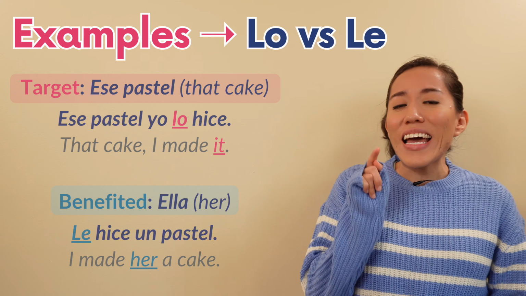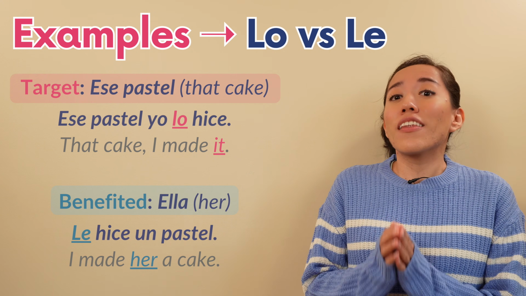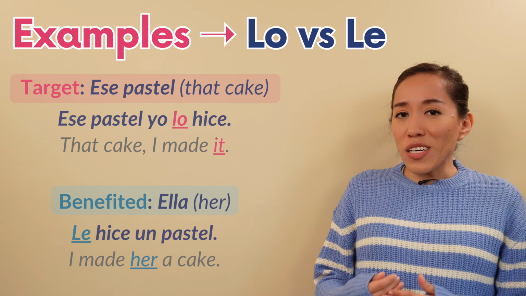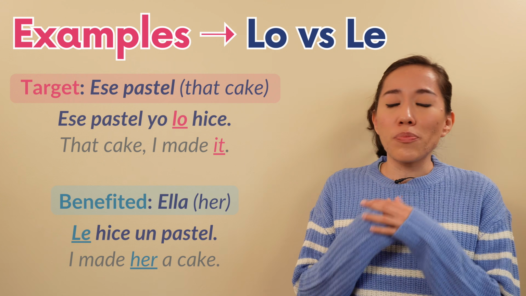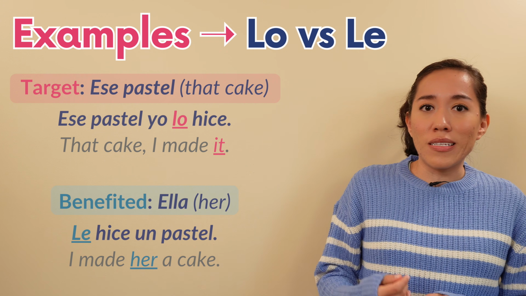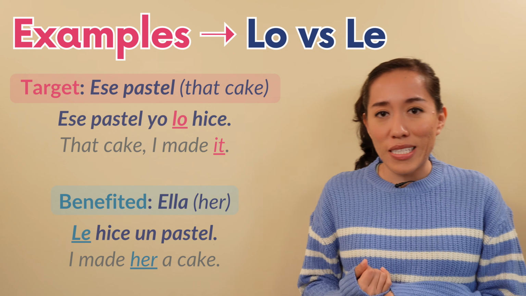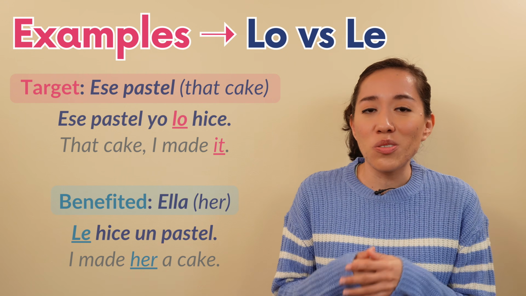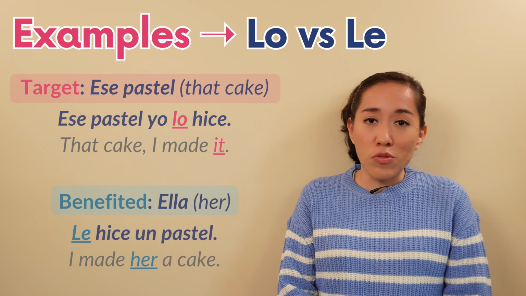So if I say ese pastel yo lo hice, that lo is referring to pastel, to the target of the action of me preparing something with my beautiful hands. If I change the pronoun and I say le hice un pastel, now we're talking about the soul that is going to benefit from my beautiful cake.